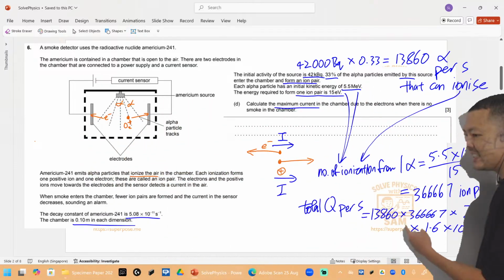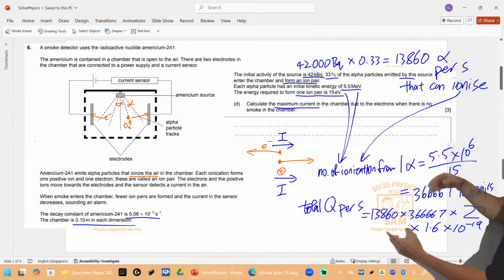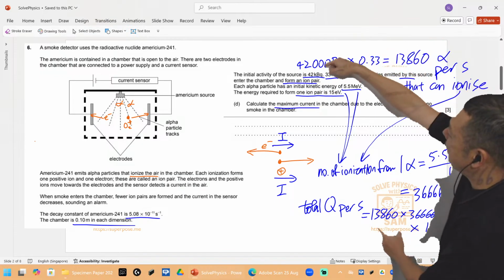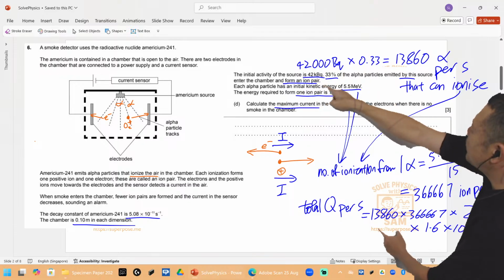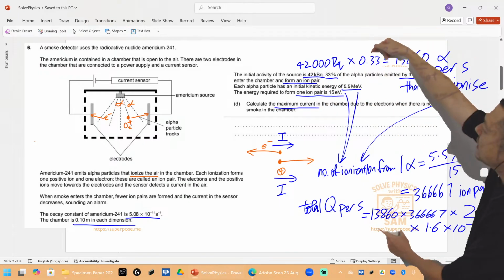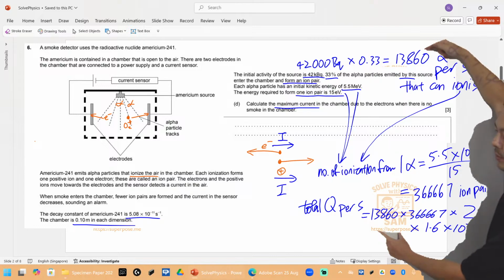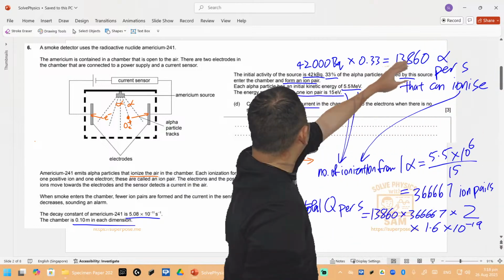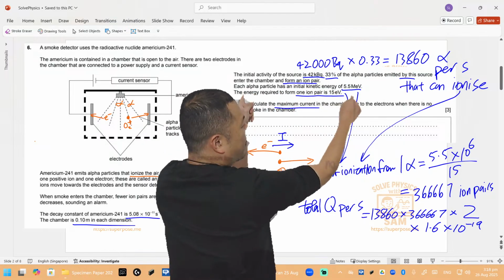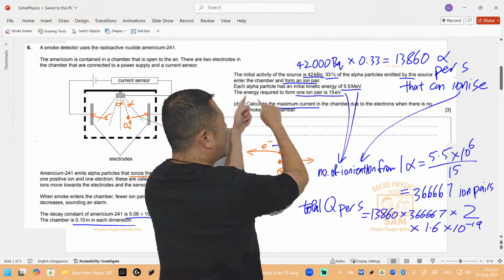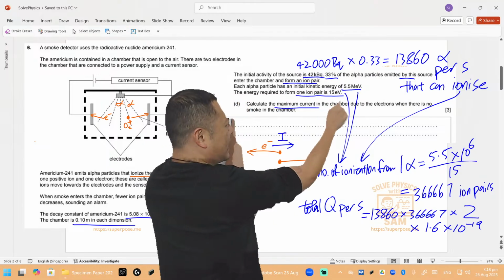This is the very difficult one. Understanding that 33% of the alpha particles can form an ion pair, so 33% times this is 13860. Based on the next information, each alpha particle has 5.5 mega electron volts, but the energy to form one ion pair is only 15 electron volts.